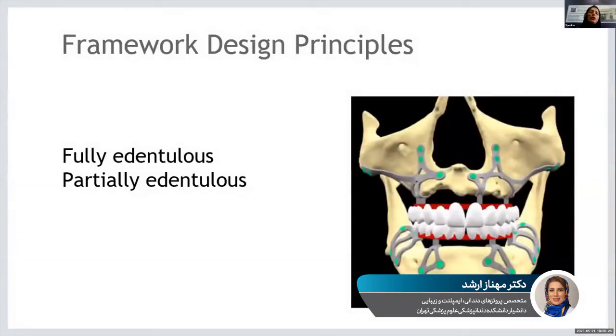For the framework, we have fully edentulous or partially edentulous patients. So we must determine and make the framework especially for that patient, especially suitable for that bone anatomy and structure.